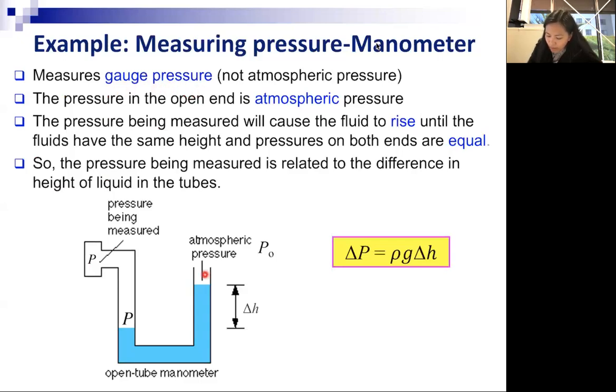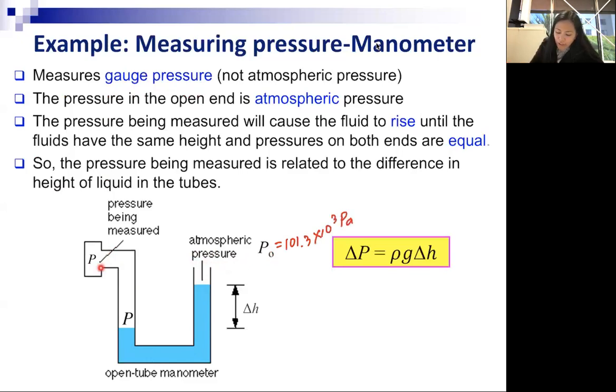So the way the manometer works is that you have a tube. One end of the tube is open, so that at the open end you have the atmospheric pressure P0. We know P0 is 101.3 times 10 to the 3 pascals.